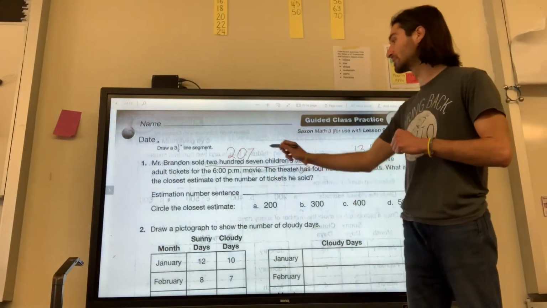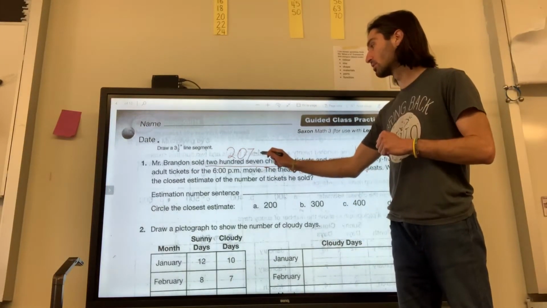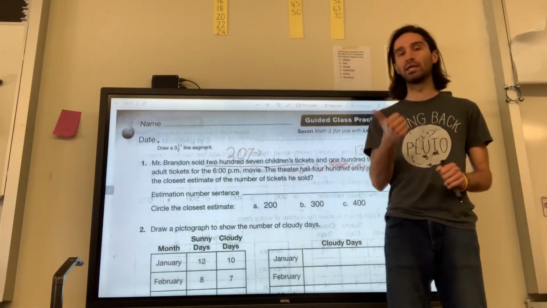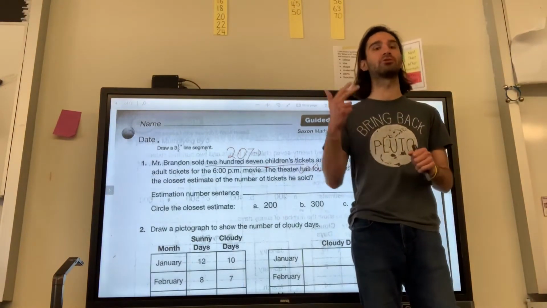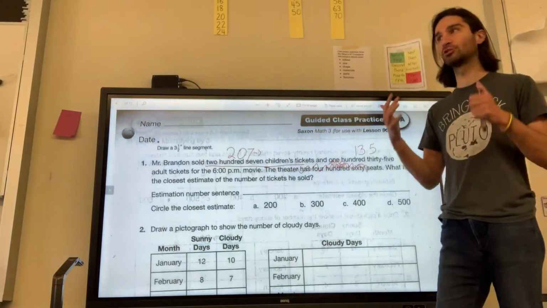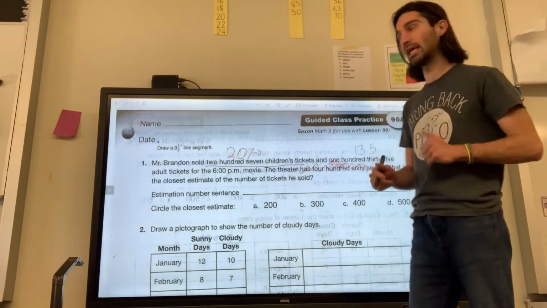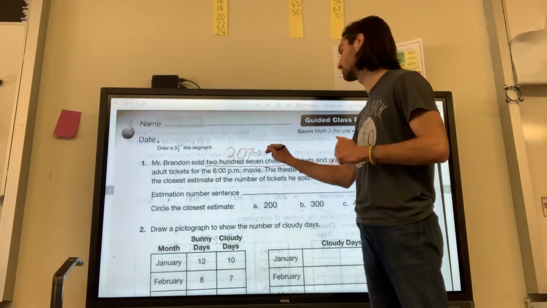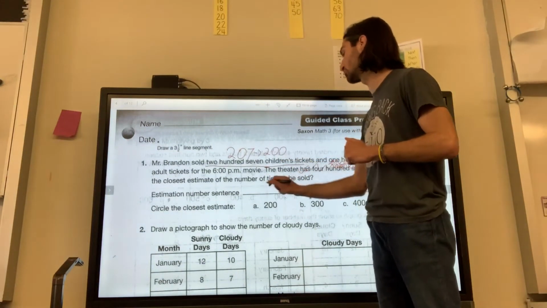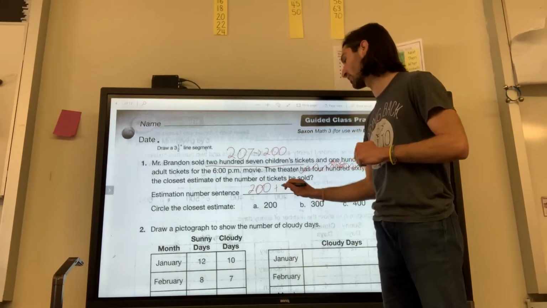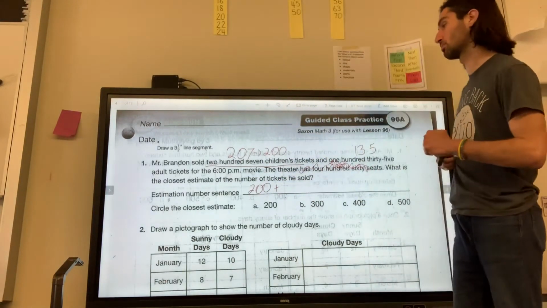So 207, which hundred is that closest to? 100, 200, 300, 400, 500. Which hundred is 207 closest to? Yes, 200. Good. So that gets estimated 200. And then we're trying to find all the tickets sold, so we're going to add.